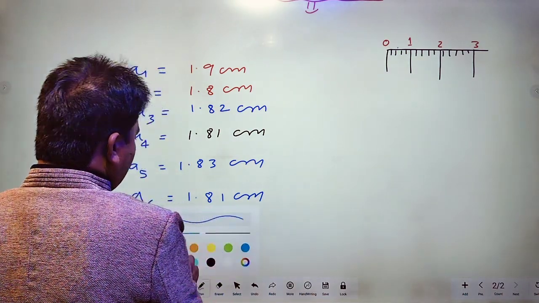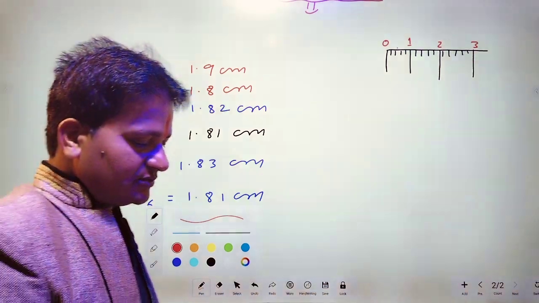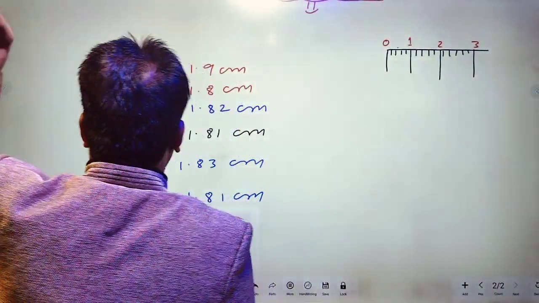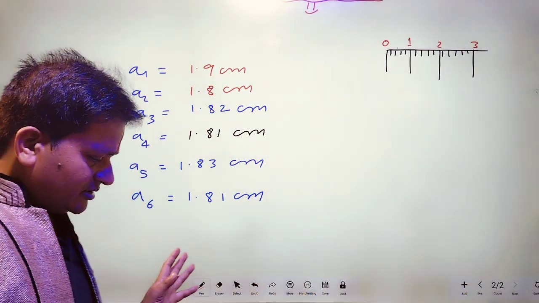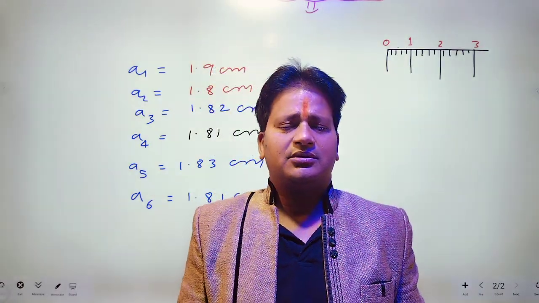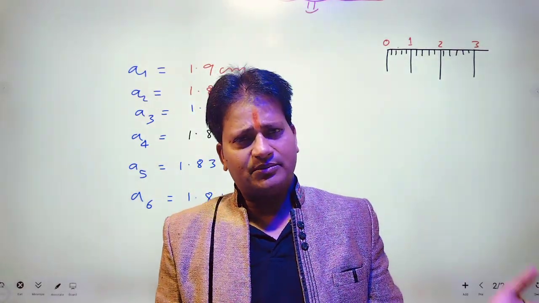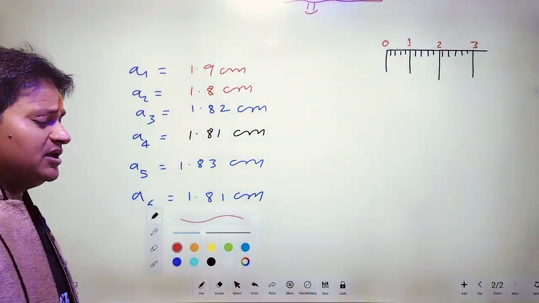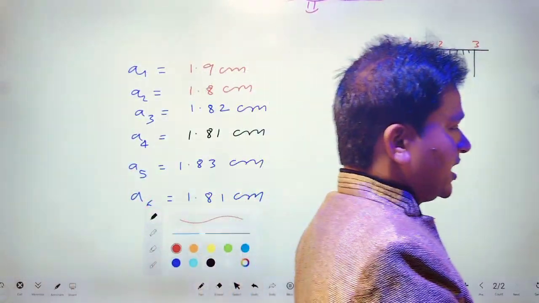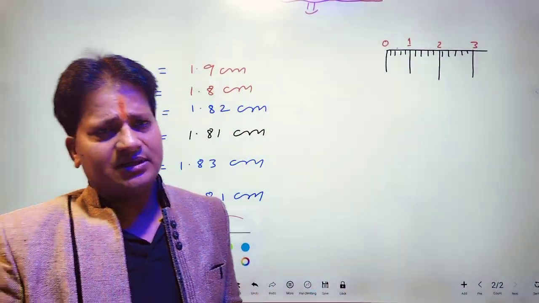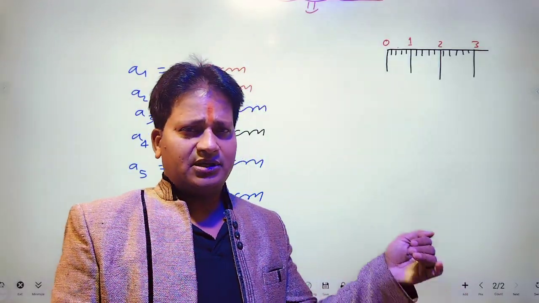Now I am going to take the mean value. The mean value of these readings will be very near to the true value or actual value. But it is not equal to the true or actual value, because error can be minimized, but error can never be removed.